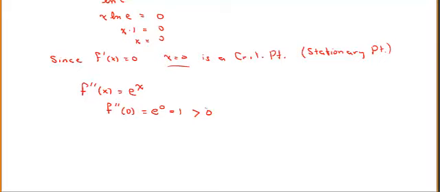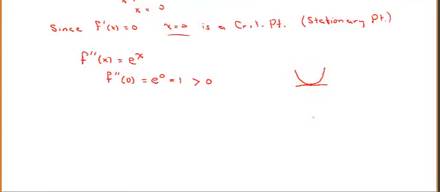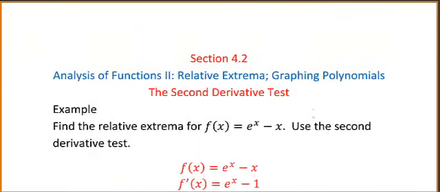It's greater than 0. So what's going on here? At x equals 0, I have a horizontal tangent line, because the first derivative is 0, and I have the second derivative being positive, so the graph is opening upward, so we have a relative minimum.